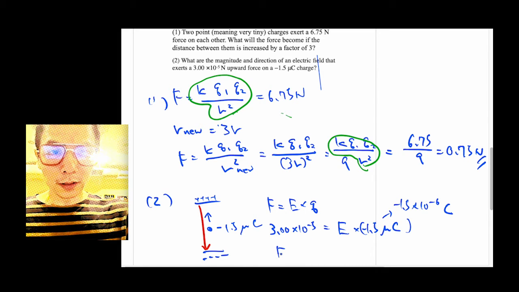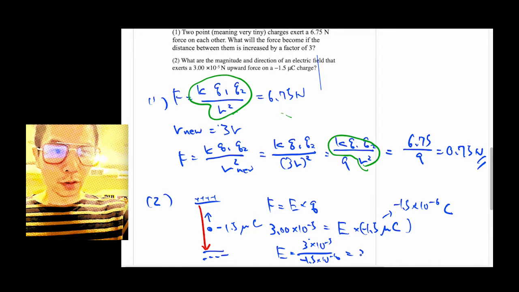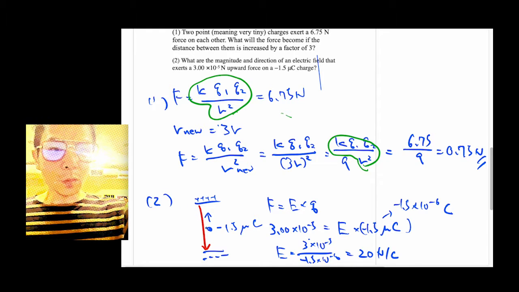So E can be obtained as 3 multiplied by 10 to the negative 5 divided by negative 1.5 multiplied by 10 to the negative 6, and this goes to 20. The unit of the field is Newton per Coulomb.